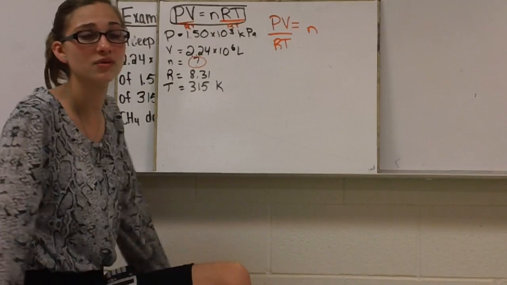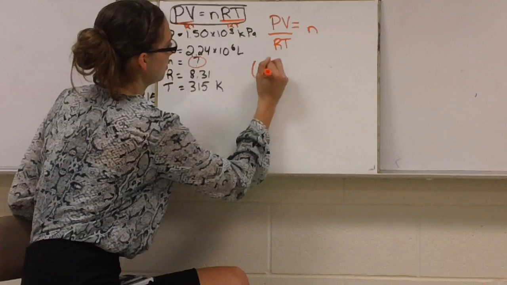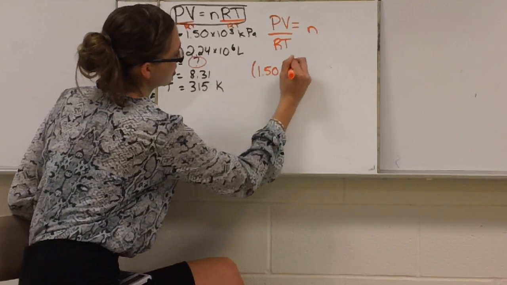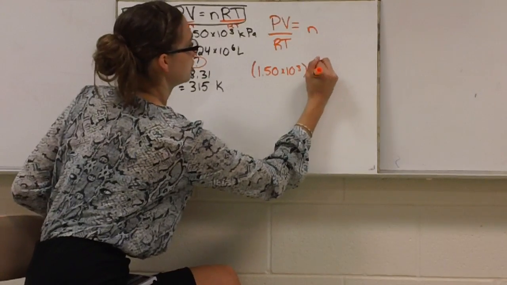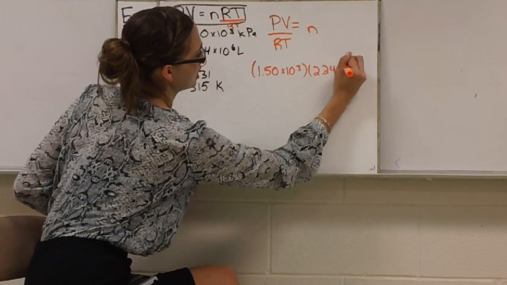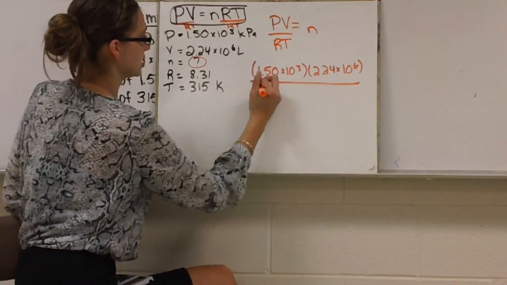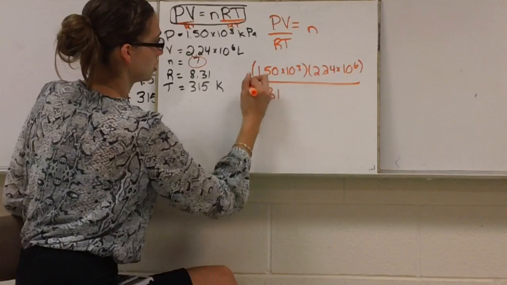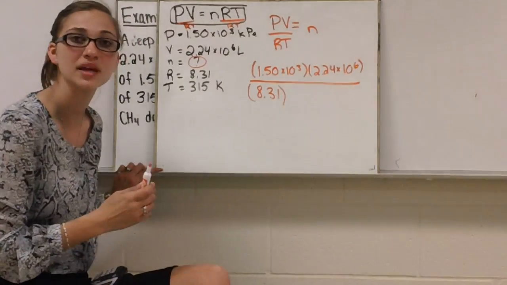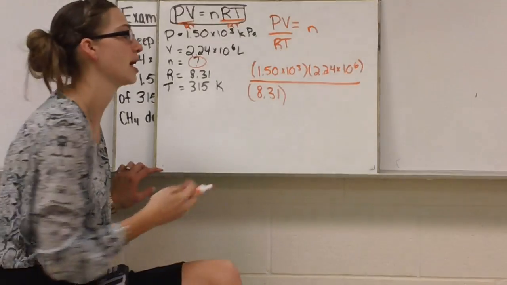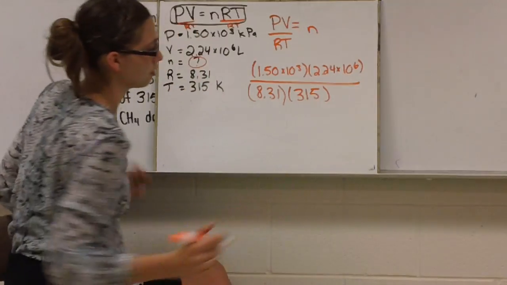Now I just plug in the numbers that they gave me for it. So pressure is 1.50 times 10 to the 3rd. My volume is 2.24 times 10 to the 6th over R, which is 8.31, times my temperature. Make sure your temperature is always in Kelvin. Some problems might give it to you in Celsius, but make sure you convert it to Kelvin. So that's 315.